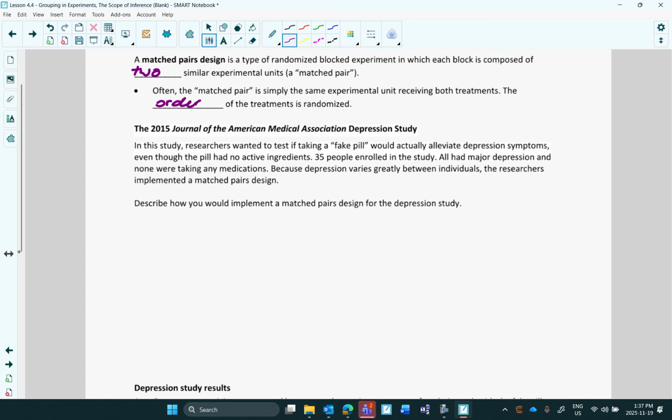How would you decide whether they take the fake pill or no pill first? Yep, flip a coin. It's got to be random. Okay. And so let's say they take the fake pill first. So they do that for a couple of weeks.